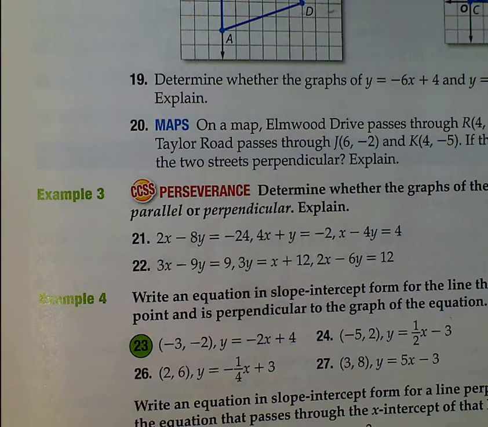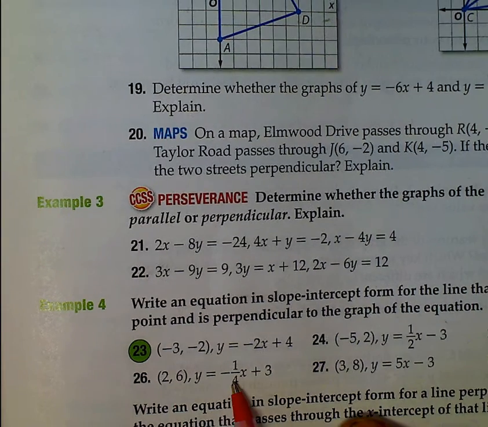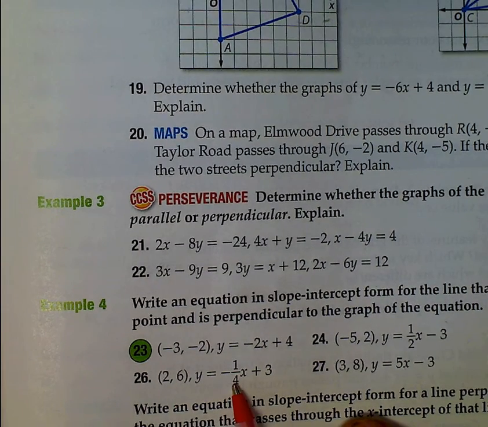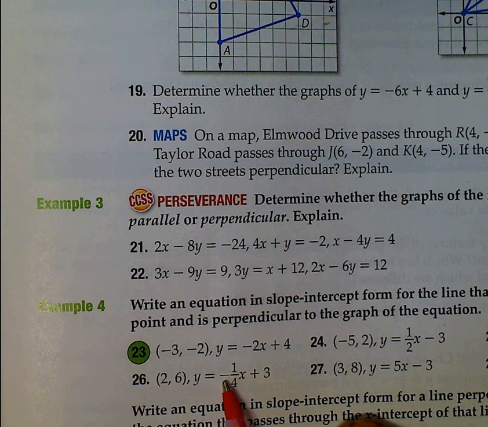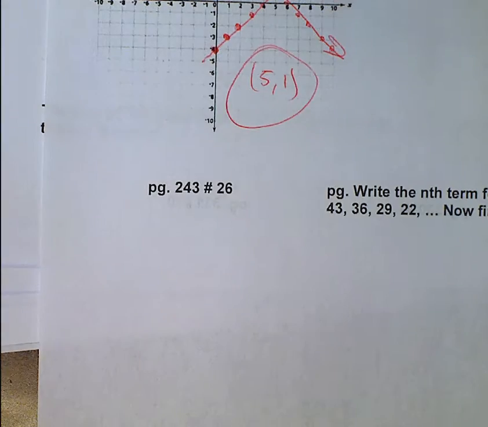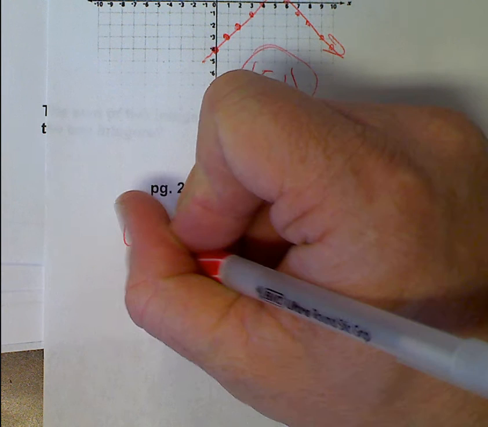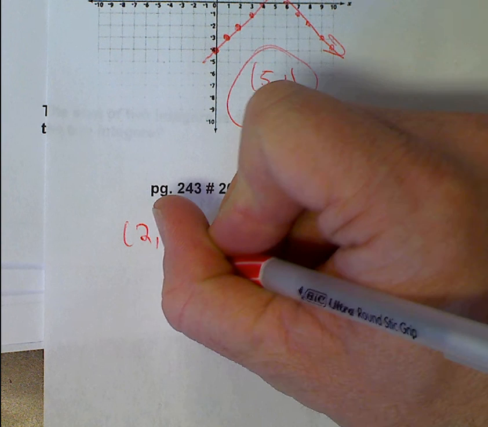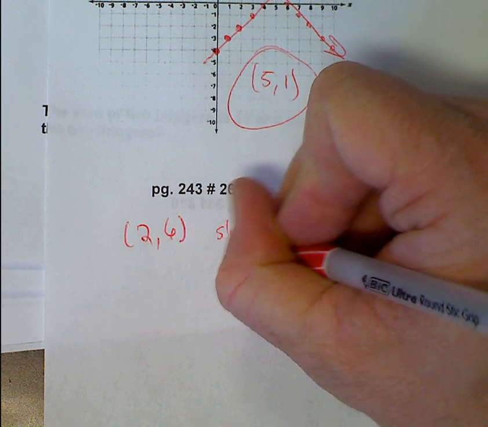So this is my equation, or this is my point, this is my equation. If I want perpendicular, then instead of negative, I put positive, and then I flip this. That would be 4 over 1. So my slope would be 4. So the point I use is 2, 6, and the slope that I would use is 4.